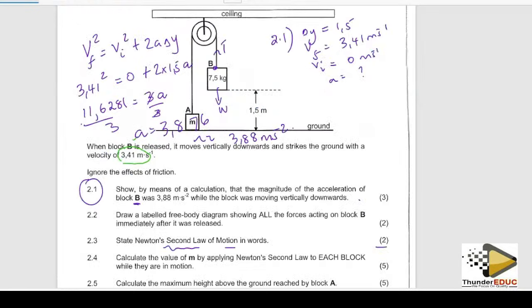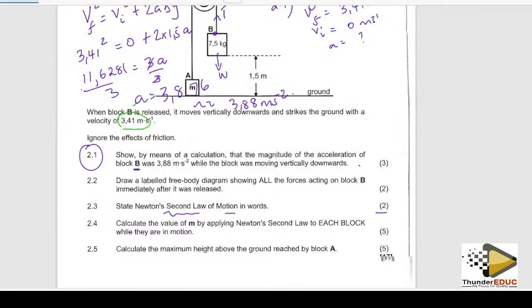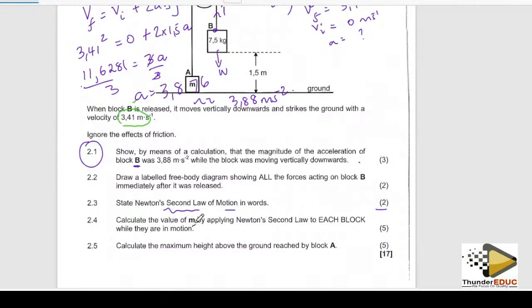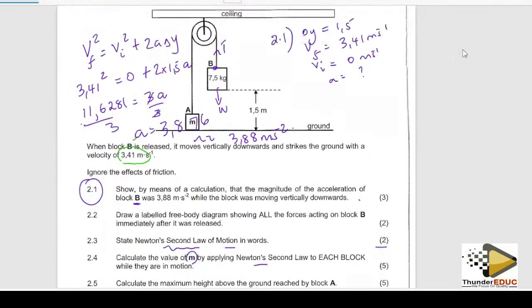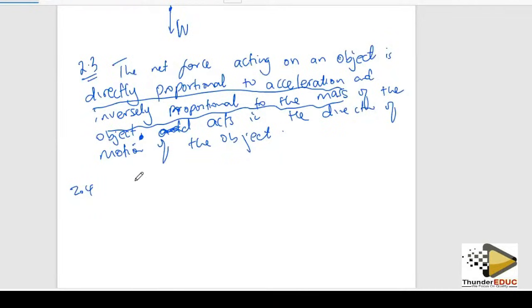Then 2.4, they want us to calculate the value of m. m is the mass of the second body, by applying Newton's second law on each block. So when I look at my object A, I have tension that will be acting upwards, and I know weight will be acting downwards. So from Newton's second law, we know that F net is equal to ma.